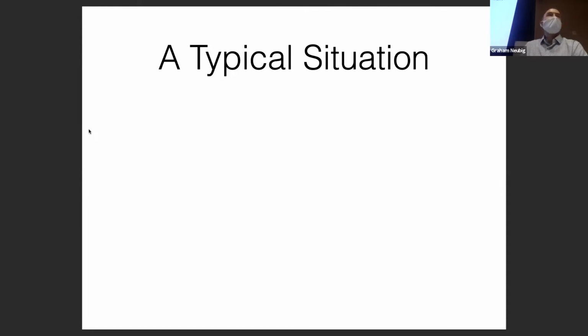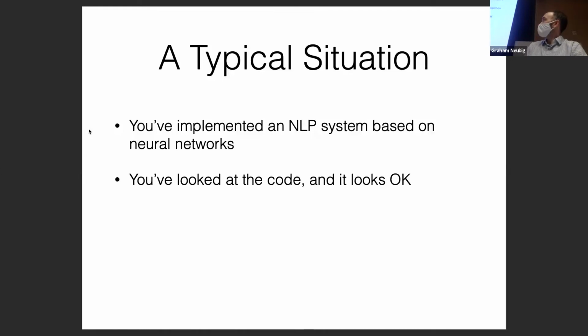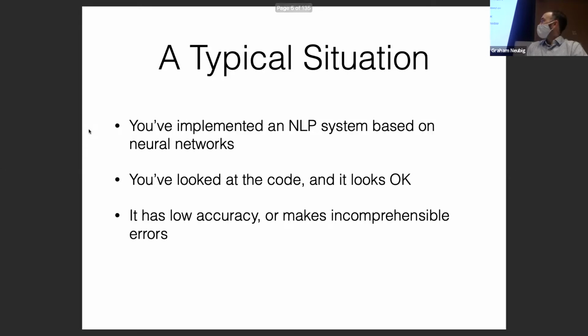And very often when we are doing NLP research or building systems, we run into a typical problem where we've implemented an NLP system, usually based on neural networks of some kind, because that's what we do nowadays. And you've looked at the code, it basically looks okay, but it has low accuracy or it makes some sort of incomprehensible errors.